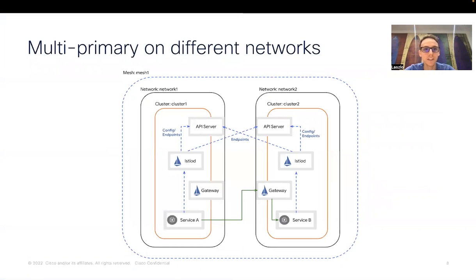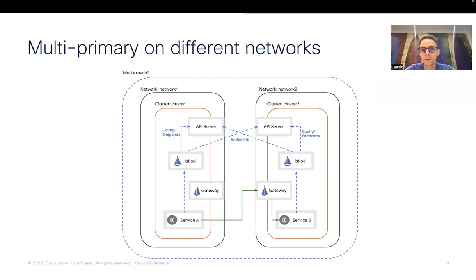On a more serious note, let's take a look at the multi-primary and different networks setup first. So this is the official Istio multi-primary and different network setup. In this setup, we have one single Istio mesh, federated across multiple Kubernetes clusters. The primary means that there is an Istio control plane, practically an istiod, running on both of these clusters.